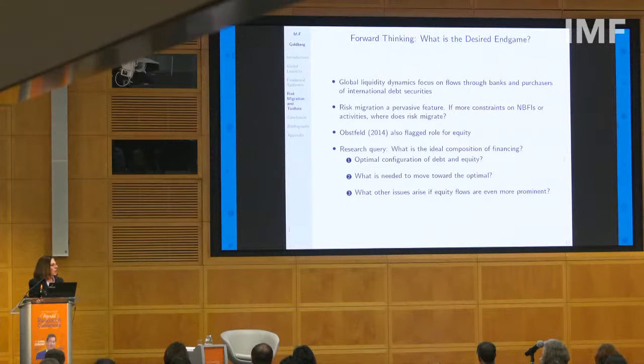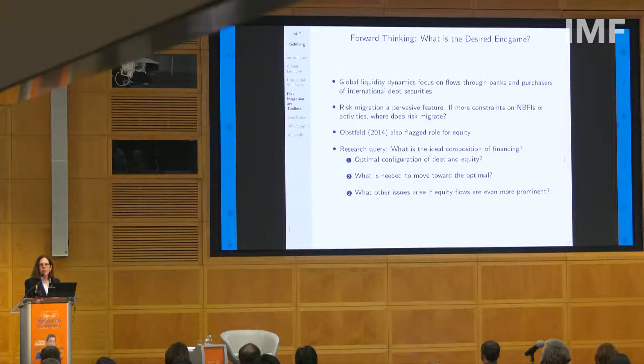Mori flagged in his 2014 comments a role for equity. So the research query for this group is, what is the ideal composition of financing? What's the optimal configuration of debt and equity? If you figure that out, what is needed to move towards the optimal?